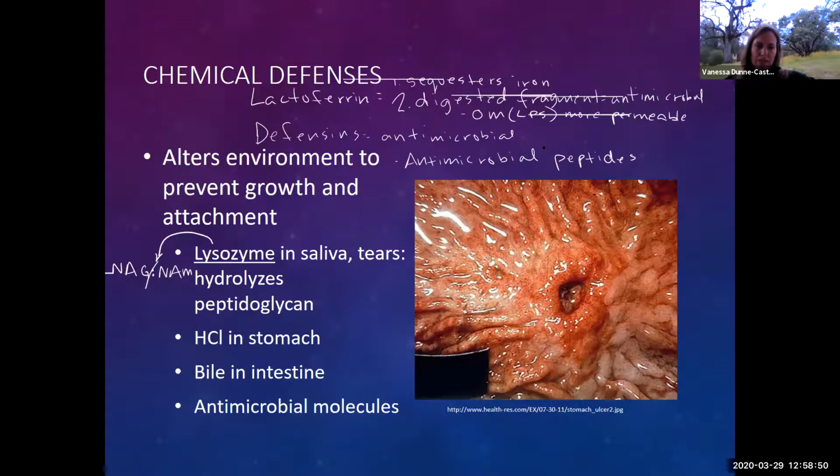So these are some of the key ones that I want you guys to be aware of: lactoferrin and lysozyme, defensins, and antimicrobial peptides. There are actually a whole bunch of other ones, but we're not going to talk about them here.